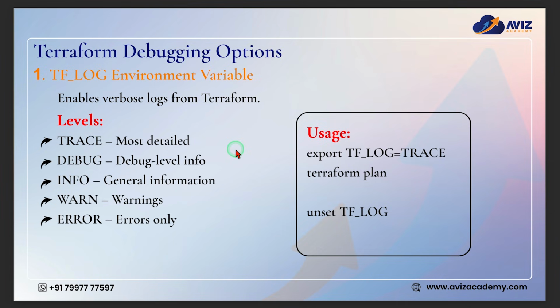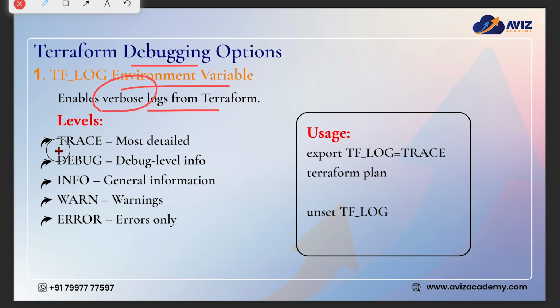So what you can do is set up the debugging parameters or environment variables. Okay, so enable verbose logs. If you are giving trace, it is going to give every log it is generating. Debug level logs, info general information, warning just warnings, error.